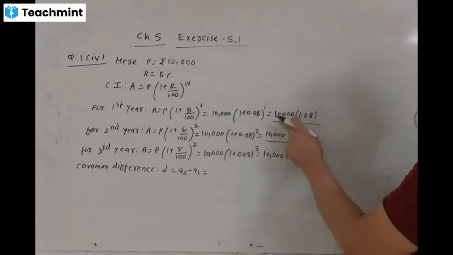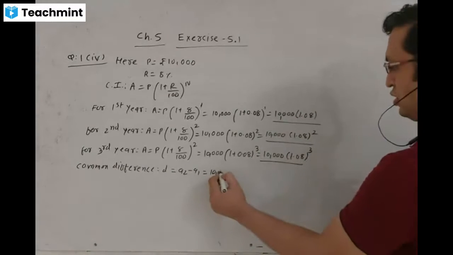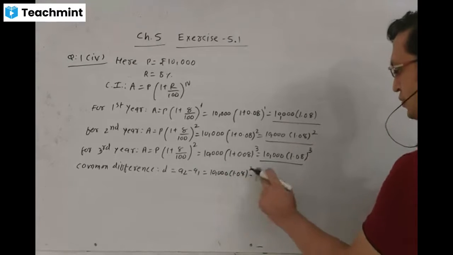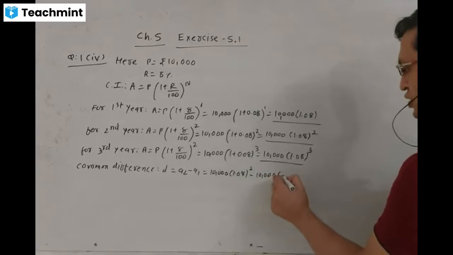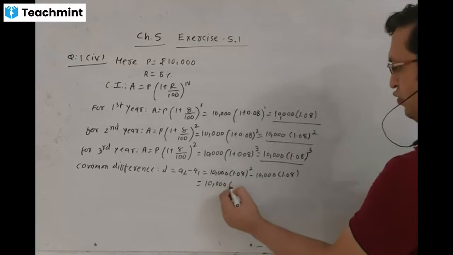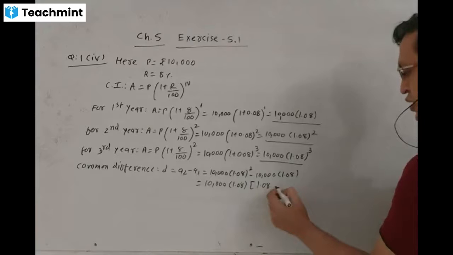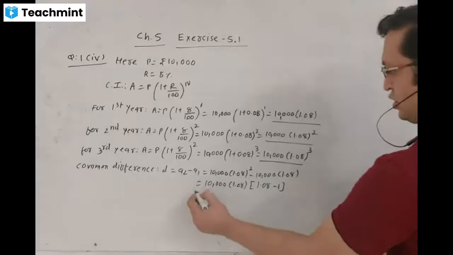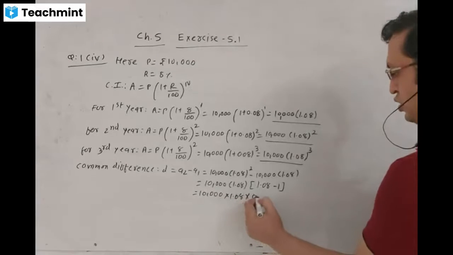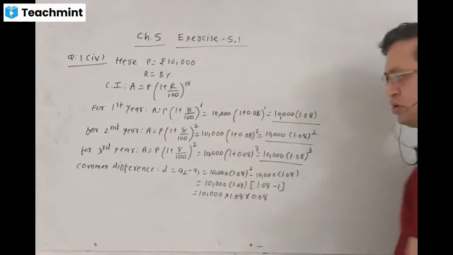A1 is equal to 10,000 into 1.08, and the second term is 10,000 into 1.08 squared. Subtracting, 10,000 and 1.08 are common, so it is 10,000 into 1.08 into (1.08 minus 1), that is 10,000 into 1.08 into 0.08. That is the common difference between the first two terms.